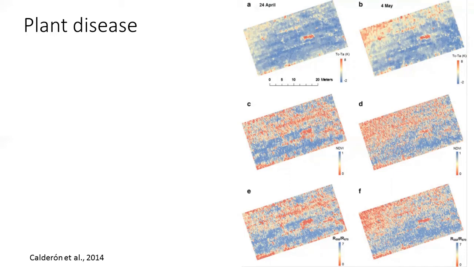And then what they looked at was comparing different variables. The top two graphs show different types of temperature data that they were able to get from the drone when they flew over it. And then this is an NDVI index, which stands for Normalized Difference Vegetation Index.